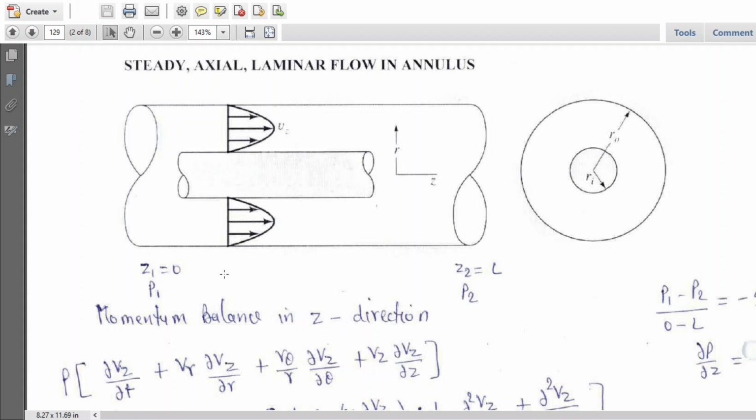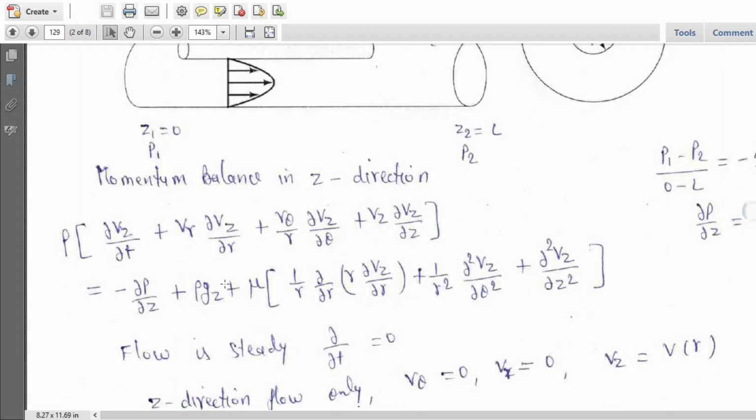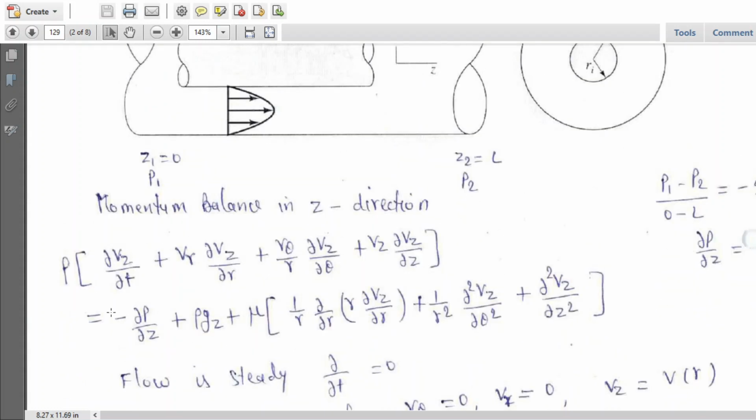So the momentum balance in Z direction in cylindrical coordinates is given by this equation. Here we are putting the constraints. First is steady flow, so this term would get cancelled because nothing is a function of time. Flow in Z direction only, so VR equal to 0 and V theta equal to 0.